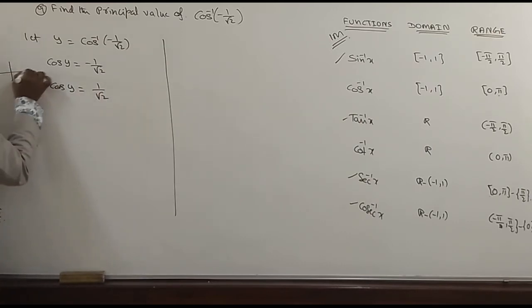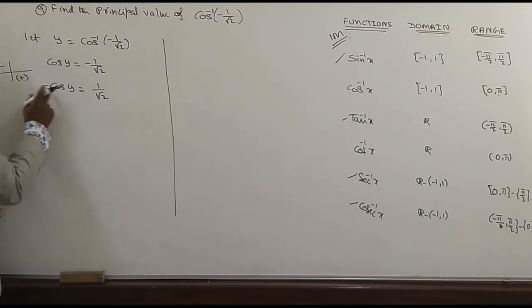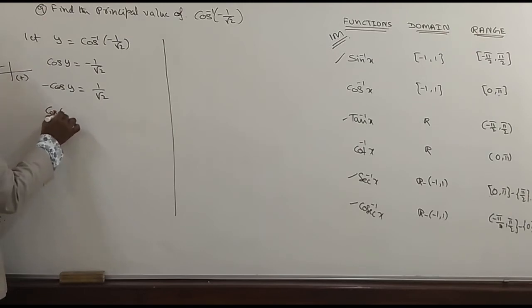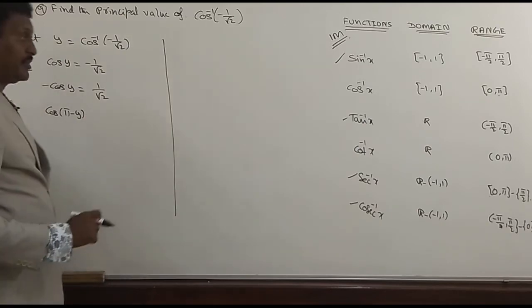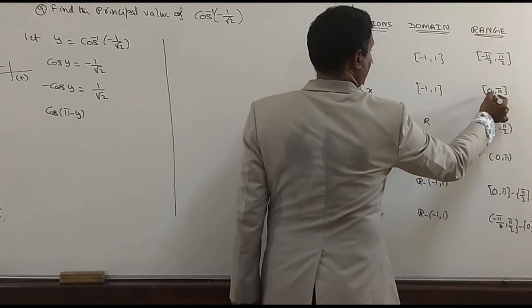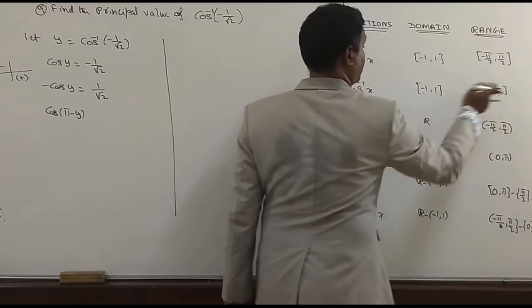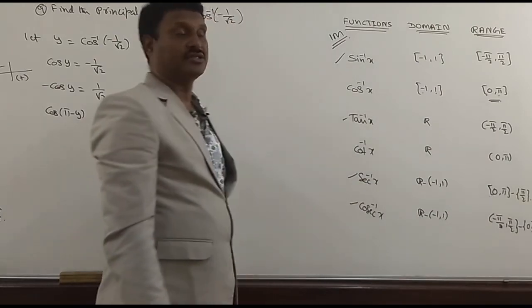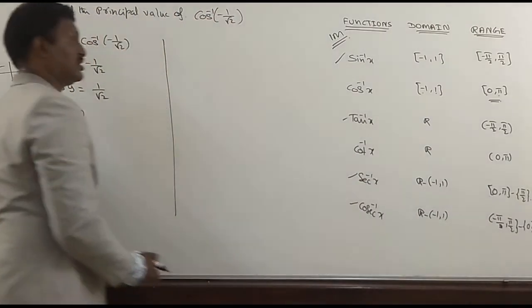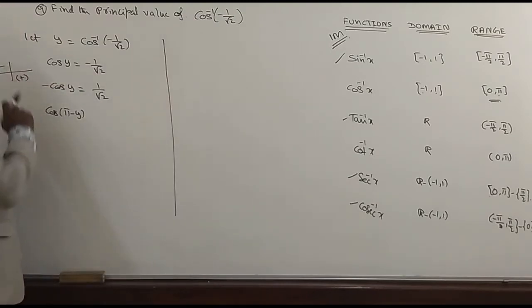In the fourth quadrant, cos is positive. In the second quadrant, cos is negative. So minus cos y we can write as cos of pi minus y. Why should we take the second quadrant only? Because cos inverse exists only between minus 1 and 1, and the range of the function has to be between 0 and pi. Between 0 and pi you get only the first and second quadrants.